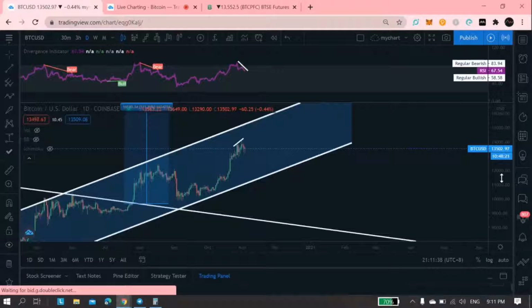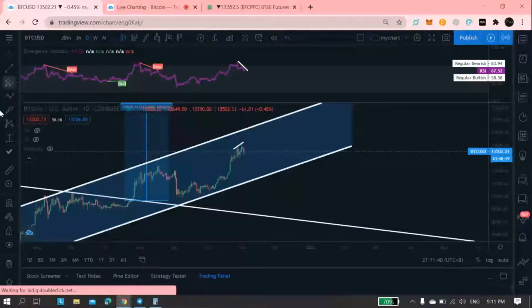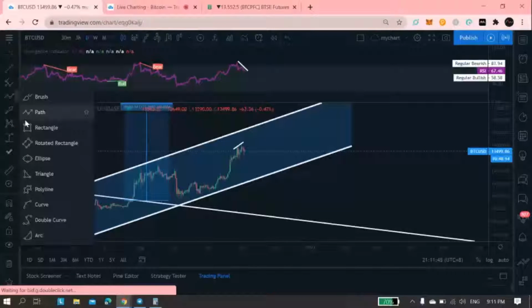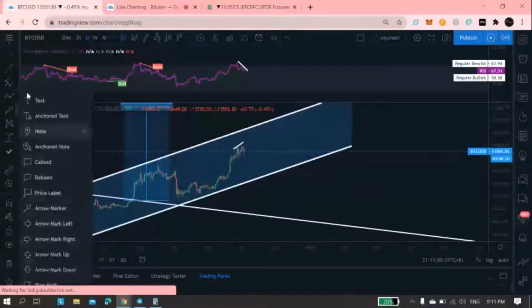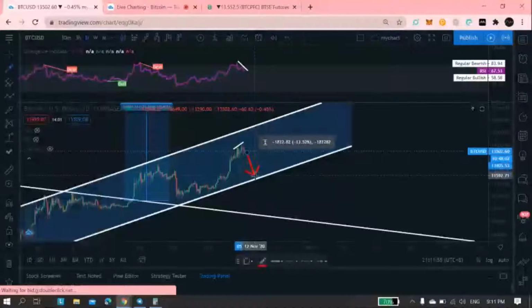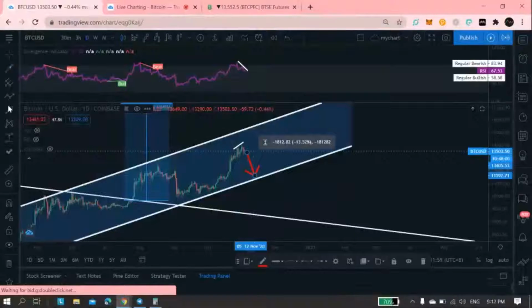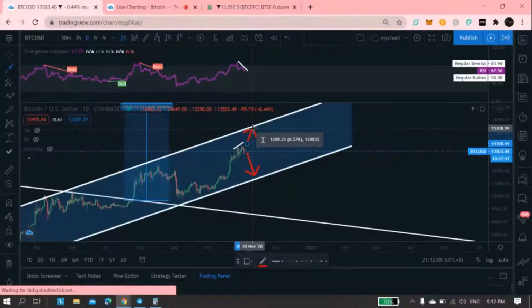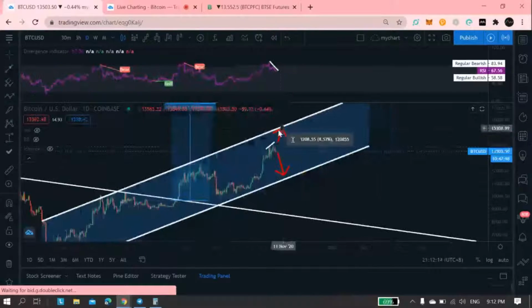So actually, I'm expecting that it could possibly break this previous high of around 14,100, and so that's my target of around this.